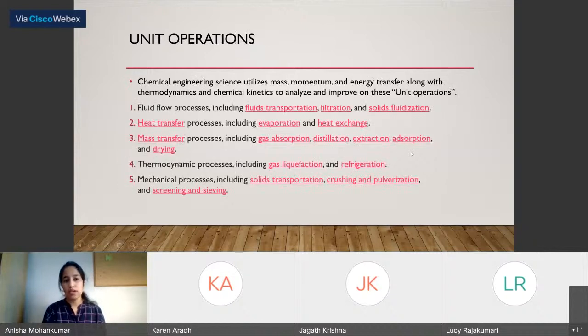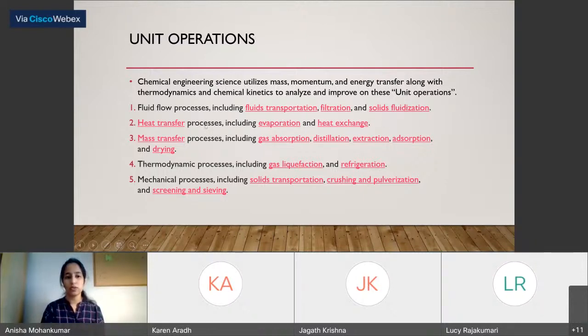So when I go in depth into unit operations, what are the different kinds? Unit operations themselves are divided into several categories. For fluid flow processes, it's filtration and solid fluidization.